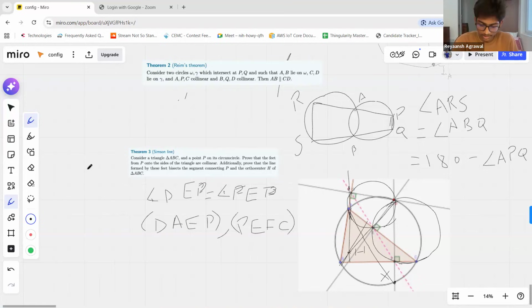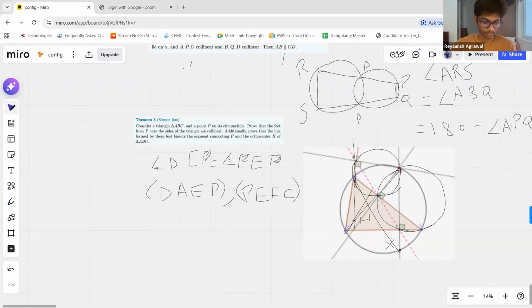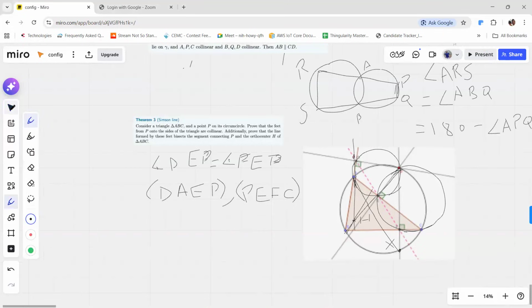Yeah, X is the point of intersection of the perpendicular from P and the circumcircle. Angle AXP is equal to ABP, and that is equal to ACP, and that is equal to EFP.